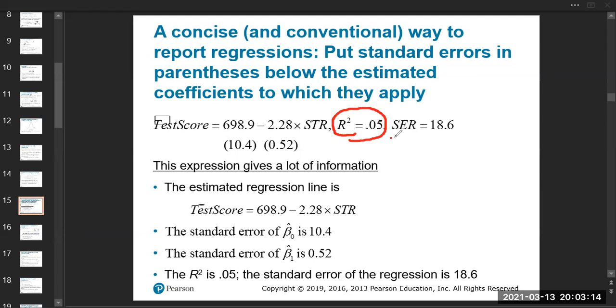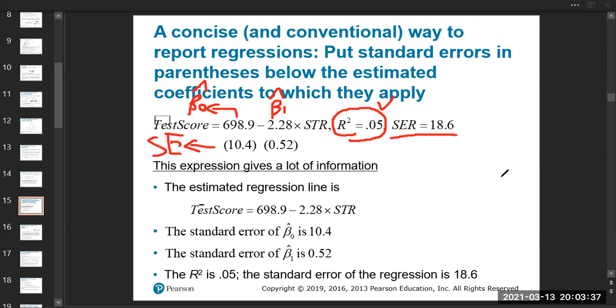SER doesn't show up that frequently, sometimes it's here, sometimes it's not. So here we have beta 0 hat, beta 1 hat, and these two are the standard errors for beta 0 hat and beta 1 hat. We usually just put them under there.